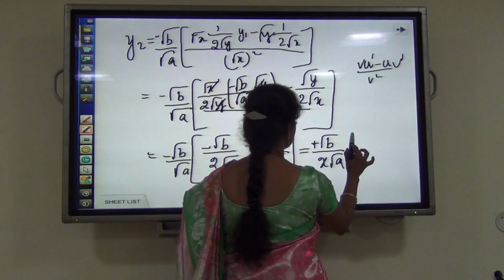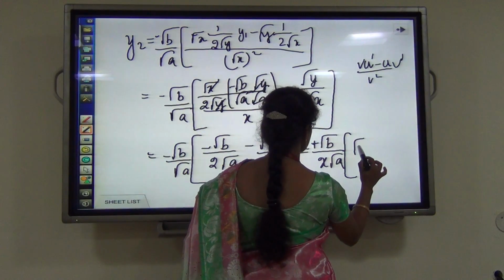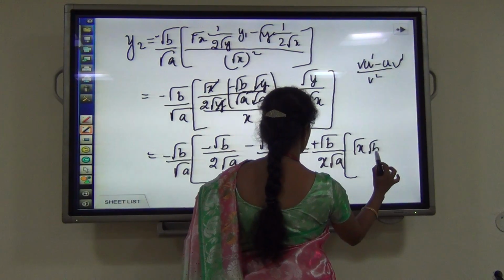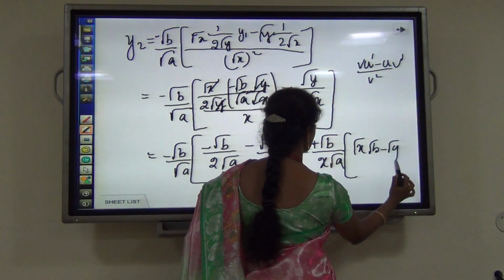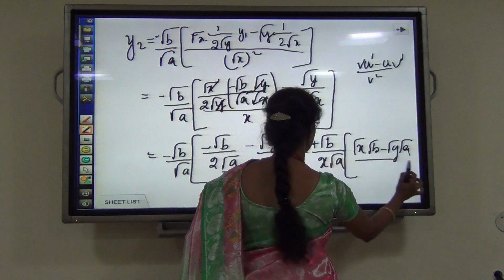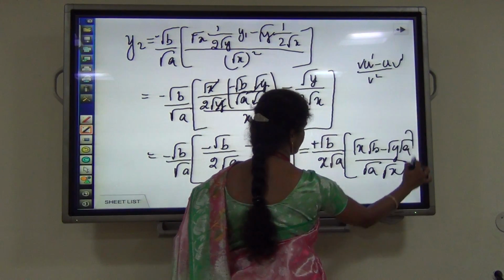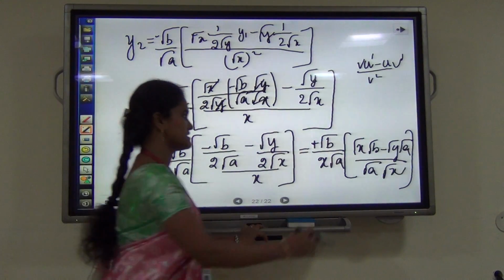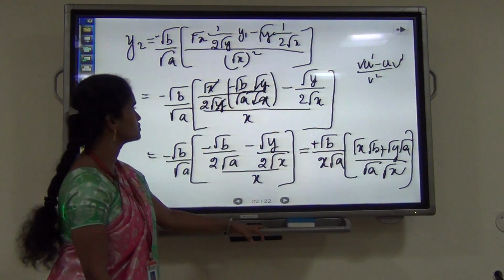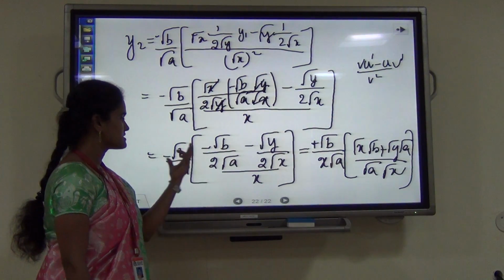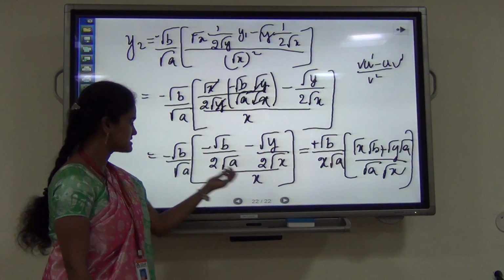And here, taking LCM, you get root x root b minus root y root a divided by root a root x. It's plus. I have taken the negative sign out. Negative is common, so minus into minus is plus. This x I have carried here.